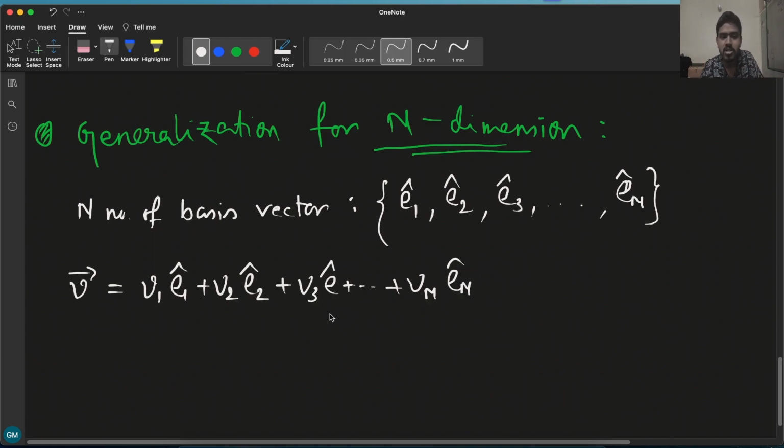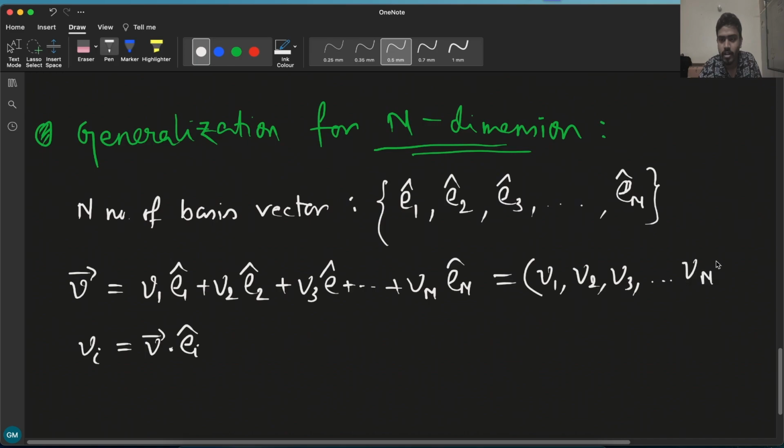These are the components of the vector v along those basis vectors. So basically vi means v dot ei, okay? And how the dot product is defined, I will show you a little bit later, okay? So also I can write it in tuple form, right? It's like v1 comma v2 comma v3 comma dot dot dot vn, okay?